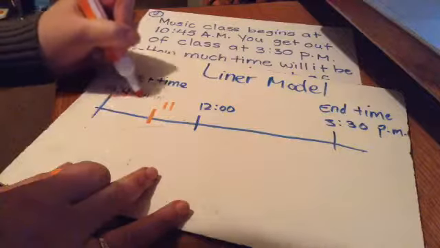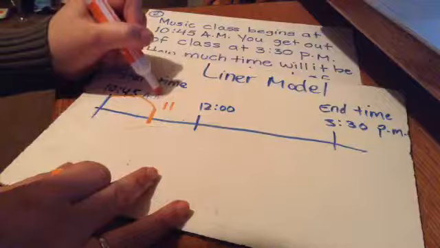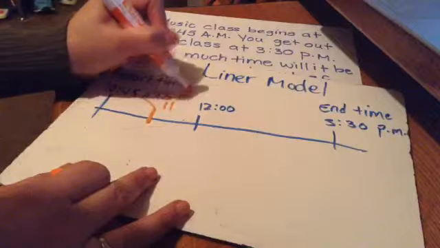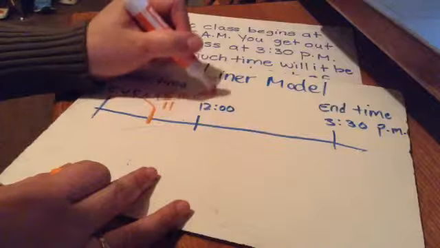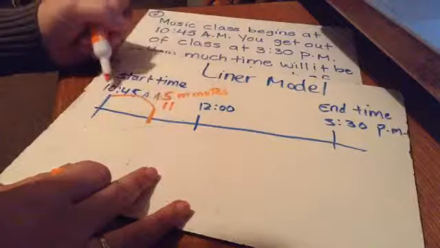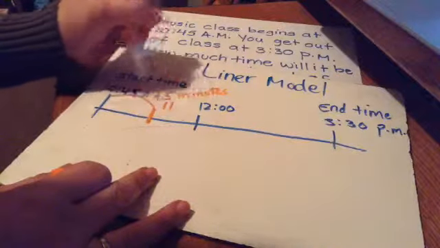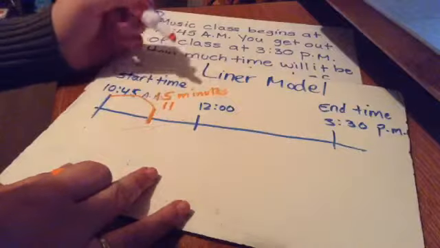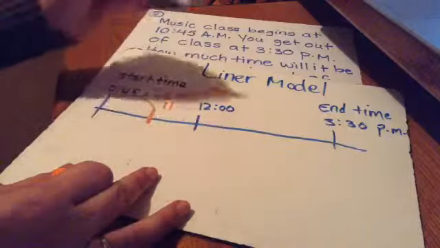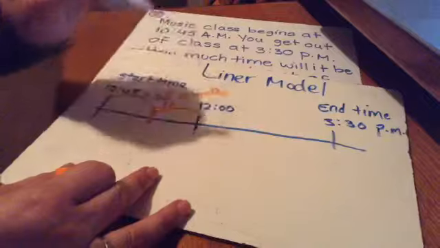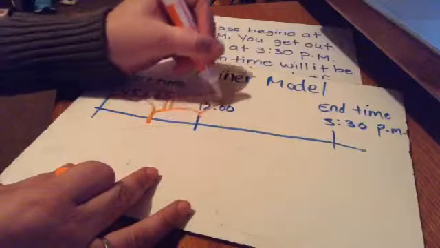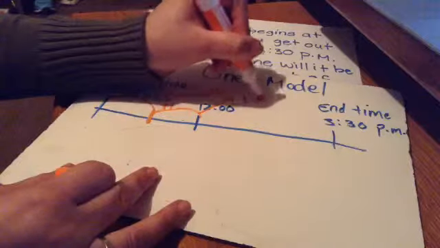It will be 15 minutes. Okay? From 10:45 to 11, we have an elapsed time of 15 minutes. And then from 11 to 12, we have an elapsed time of 1 hour.